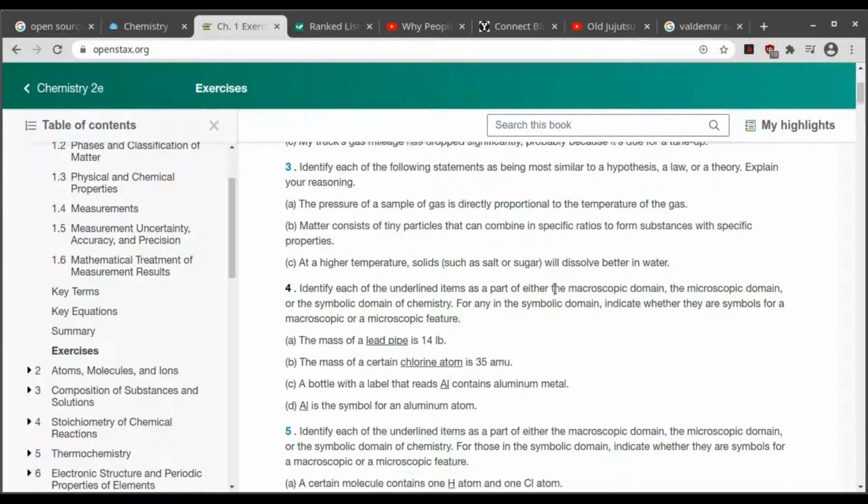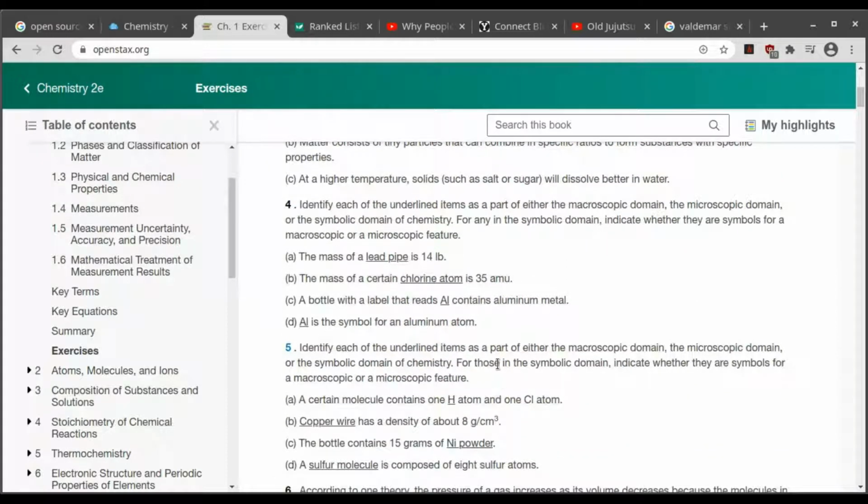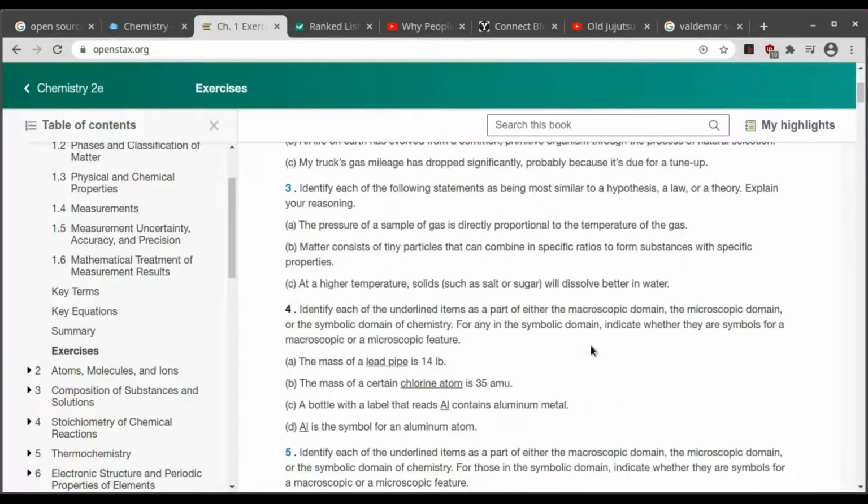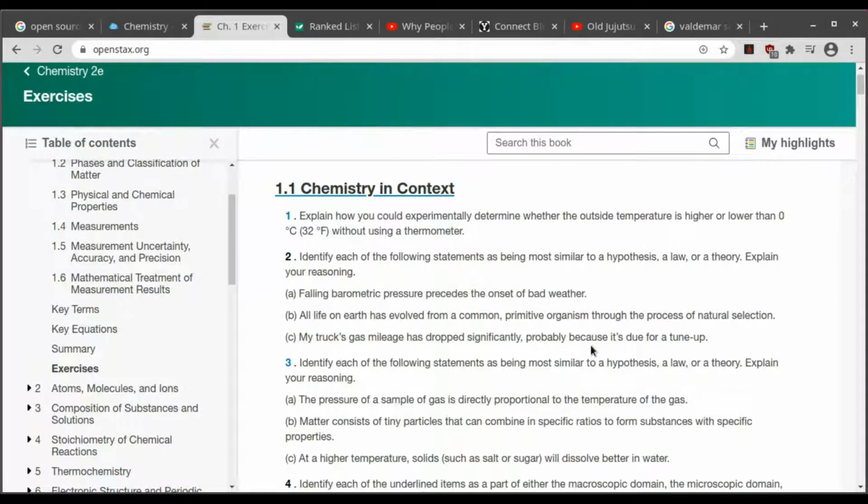So we'll learn about those different domains in section 1.1. And they have two of those types of questions in there. Another macroscopic versus microscopic domain question. So we have about 3 questions about the microscopic versus macroscopic domain.